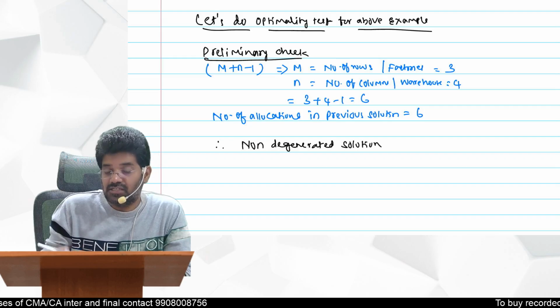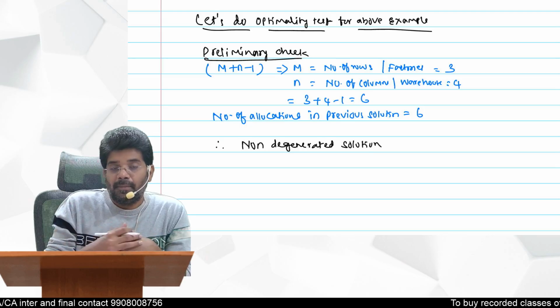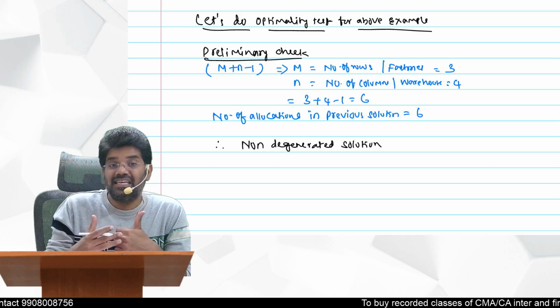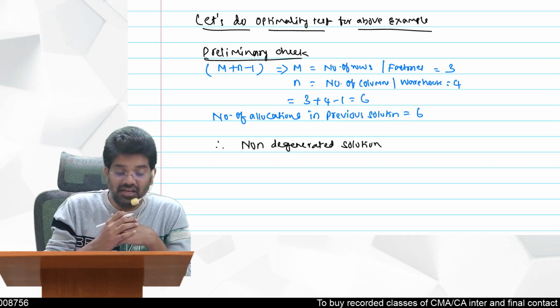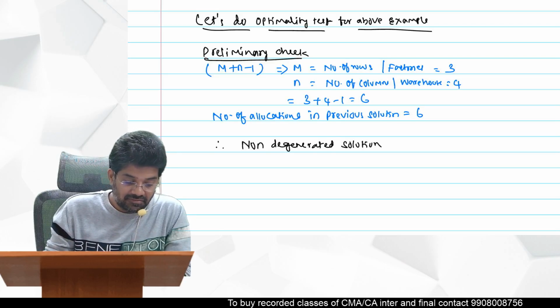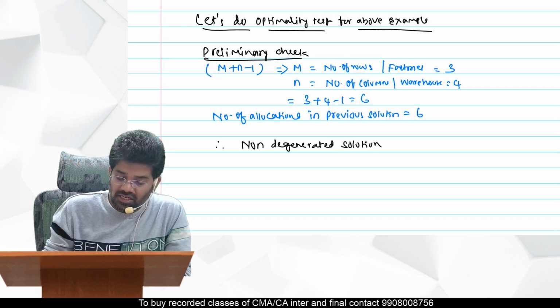Now you might ask, sir, what if M plus N minus 1 is not equal to the number of allocations? We call that a degenerated solution.